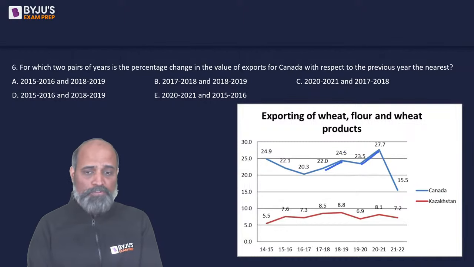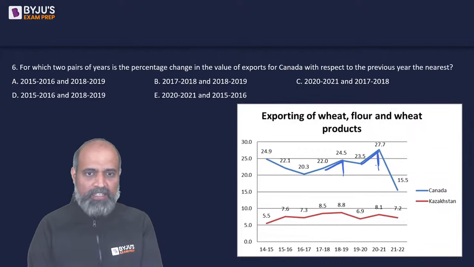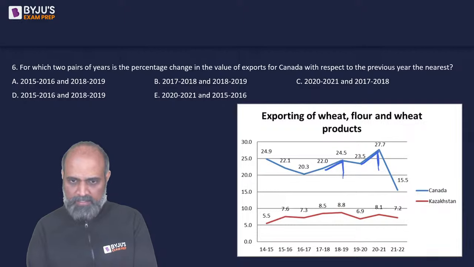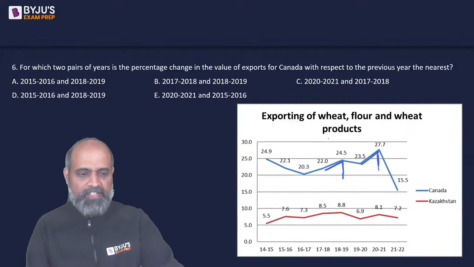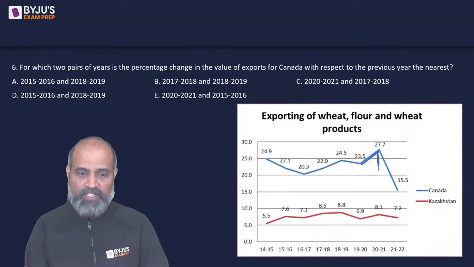22 has become 24.5. So this is the year 2018-19 and 2021. 18-19 and 2021. Is it 18-19? 18-19 and 2021 नहीं है. 17-18 is there. So let's check 17-18. ये वाला बता रहा है.